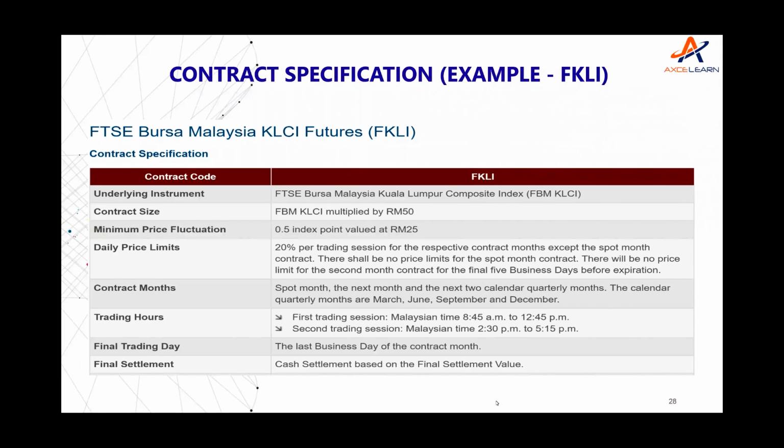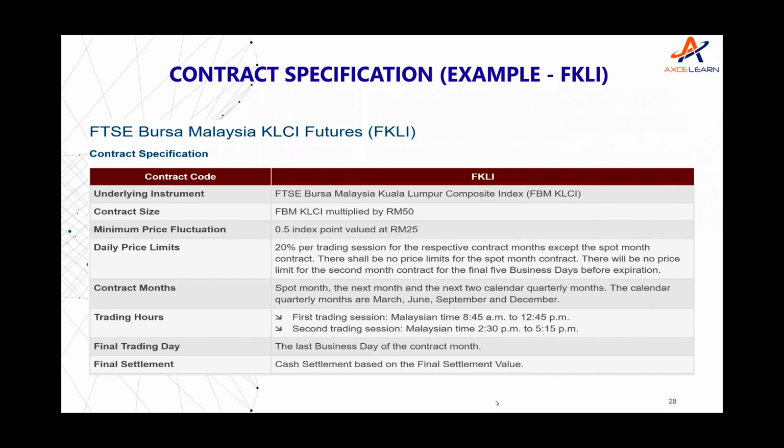But if you're staying slightly outskirt, let's say in Seremban, maybe per square feet they are only selling at Ringgit Malaysia 500. So these are all fixed by demand and supply. When Bursa Malaysia Derivatives fixed it at Ringgit Malaysia 50, there's a reason behind as well. So currently, every contract size is your KLCI multiplied by Ringgit Malaysia 50.